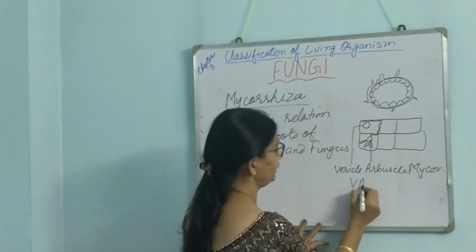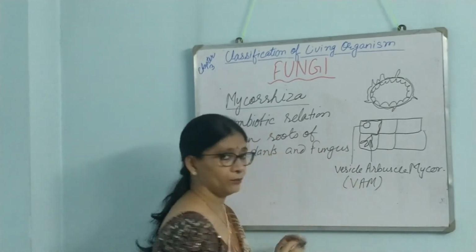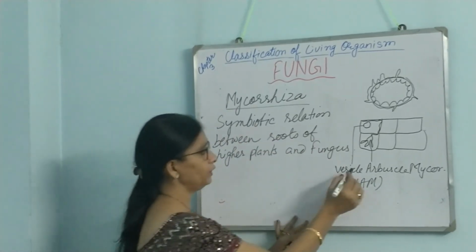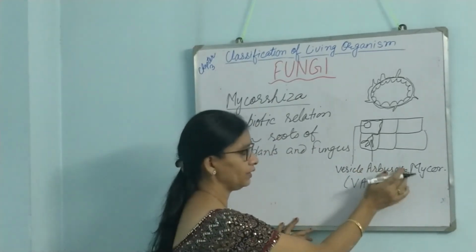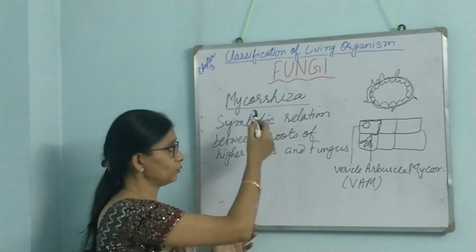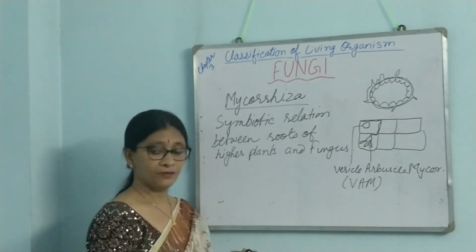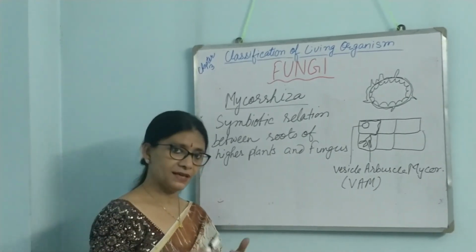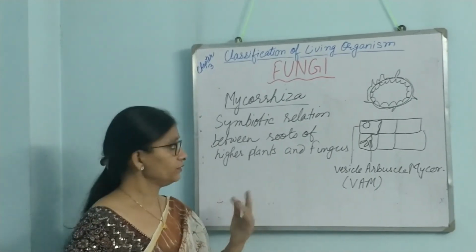This is known as VAM, vesicular arbuscular mycorrhiza. Very important. It's a type of mycorrhiza, and mycorrhiza is a type of symbiotic association between fungus and roots of advanced plants. So this is about mycorrhiza.